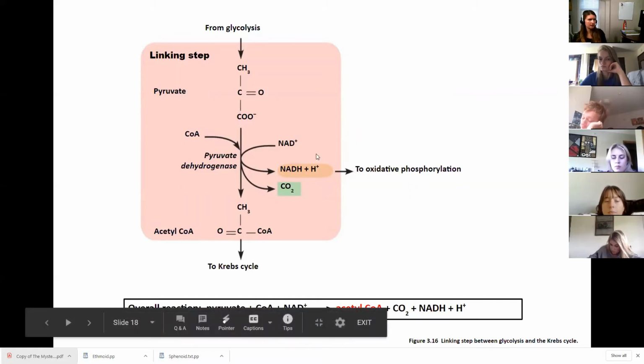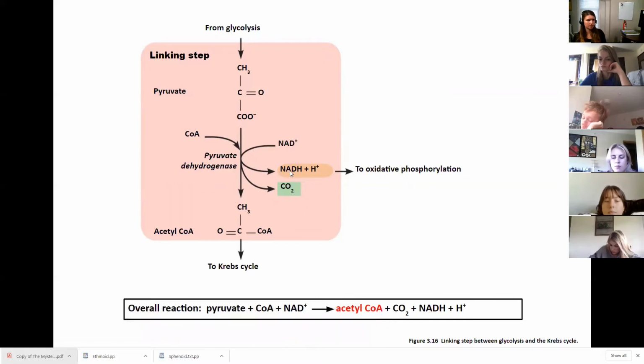Okay. In this process, we also create more of our electron carrier, this reduced NADH, and we release some carbon dioxide. So one of the main byproducts of cellular respiration is carbon dioxide. This is why you breathe in oxygen and breathe out carbon dioxide. You need the oxygen to break down the glucose.